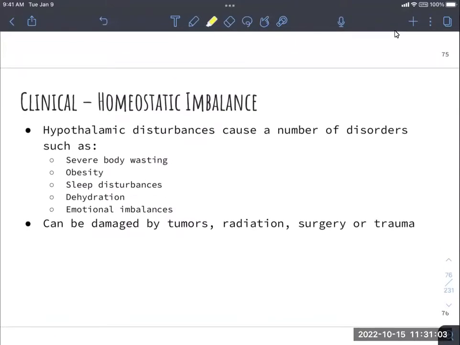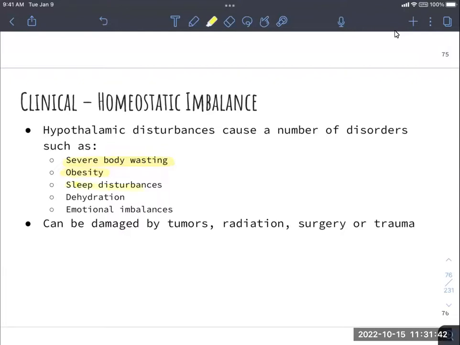So what happens if we have a lesion, a tumor, or something in that hypothalamus? Well, that regulates our hunger and lets us know when we're full. So if your body doesn't tell you you're hungry, your brain doesn't say you're hungry, you're going to start wasting away. Or you're going to eat and you don't know when to stop.